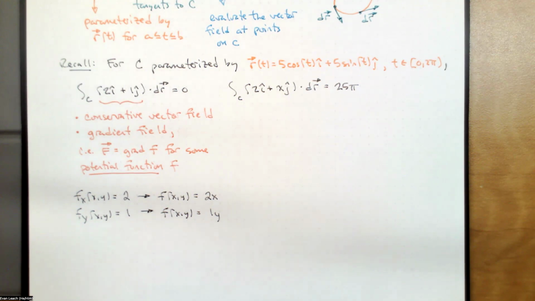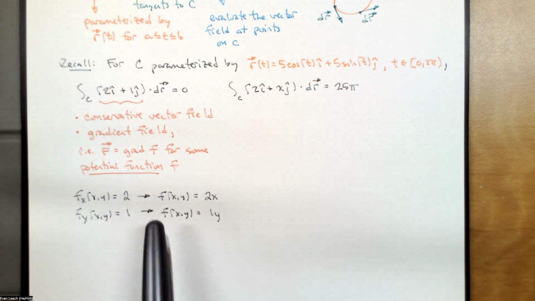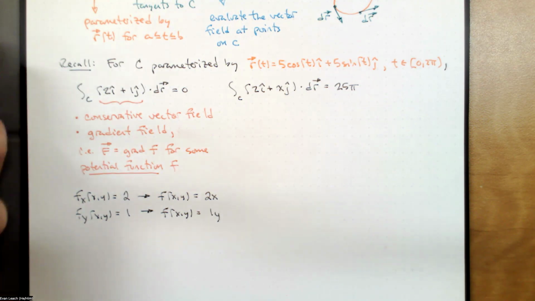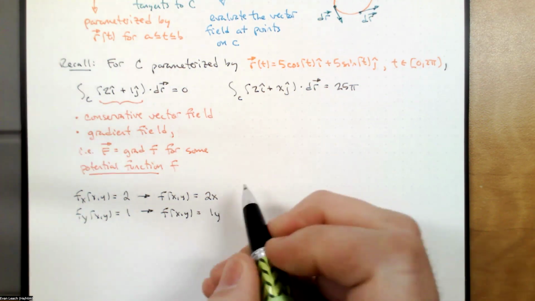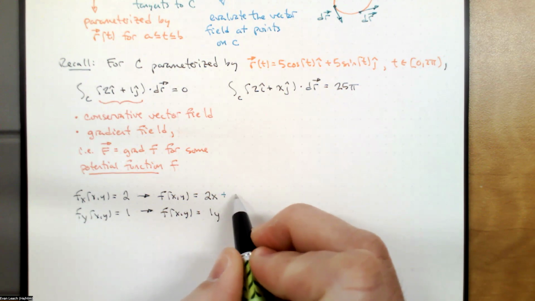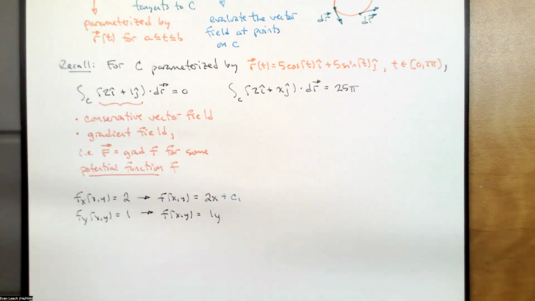Now, these two don't match. 2x and 1y are not the same function, but we have to remember that there's a constant of integration. So f at x, y is equal to 2x plus some constant. This is a partial derivative with respect to x.